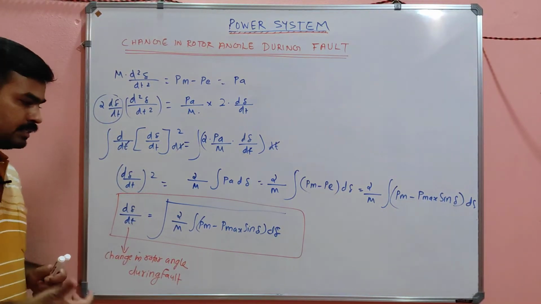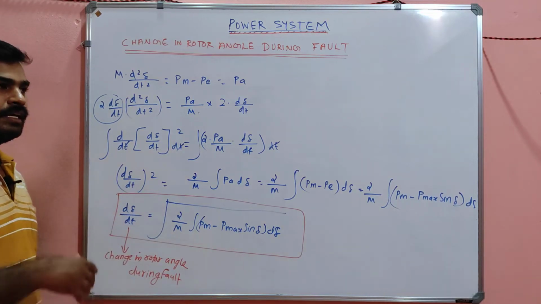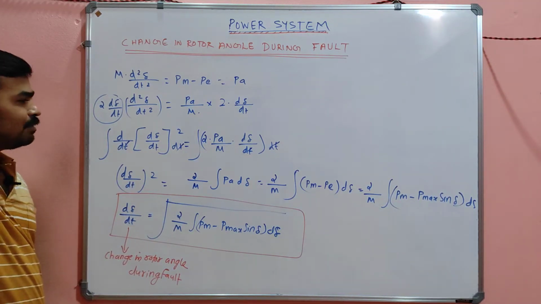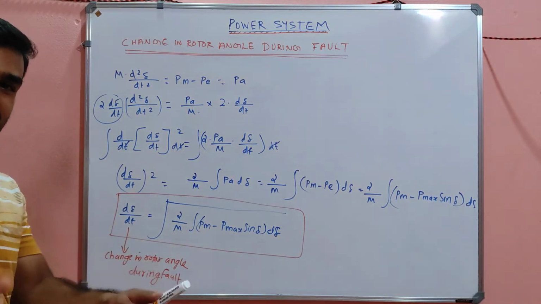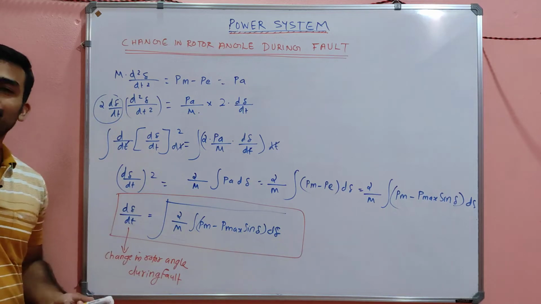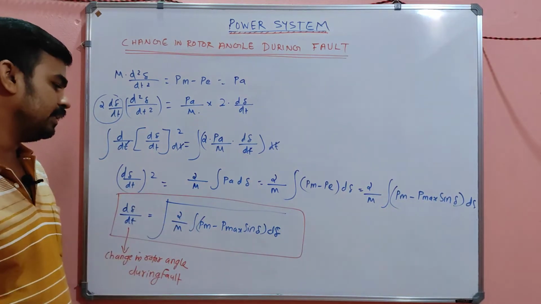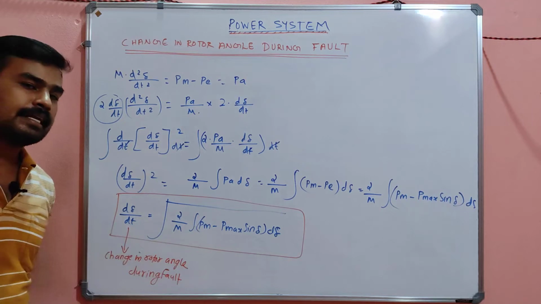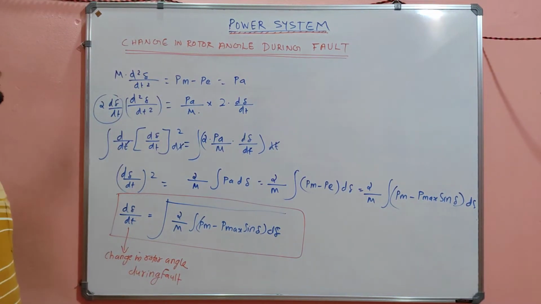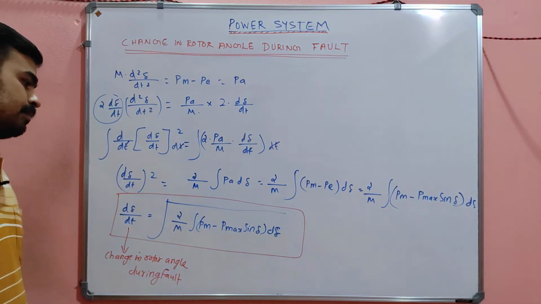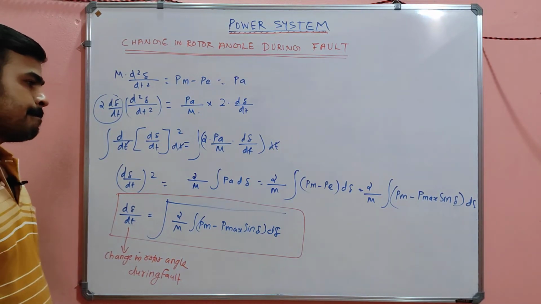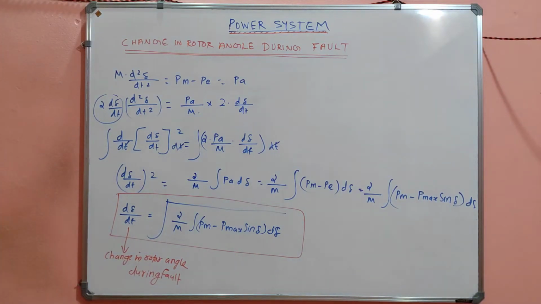Here m is the moment of inertia; you can substitute GH divided by pi f or GH divided by 180 f, or simply H divided by pi f in per unit for M. So 2 by M into integral of (Pm minus P max sin del) d del is the equation for the change in rotor angle during fault condition. Is it clear, my dears?